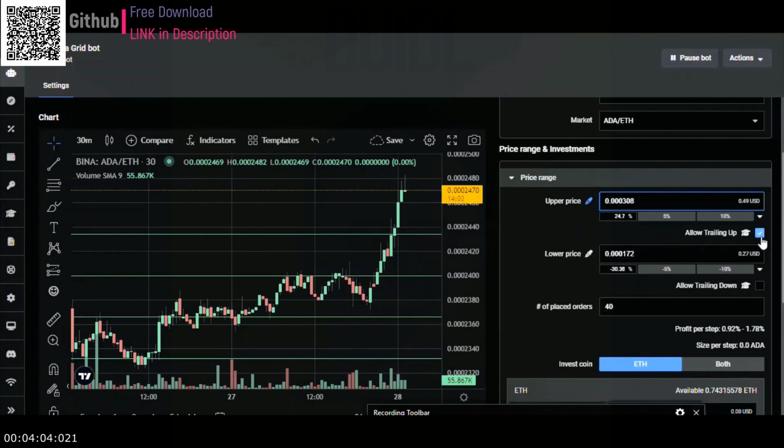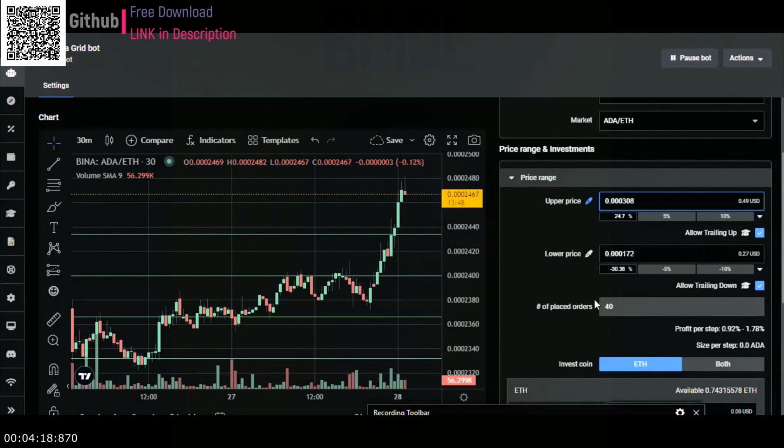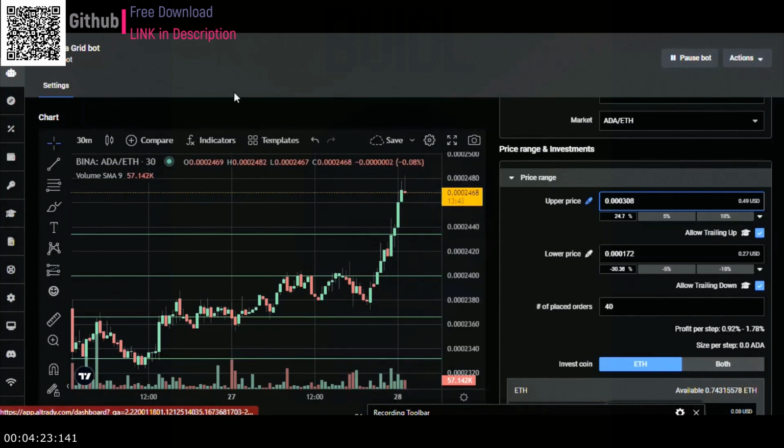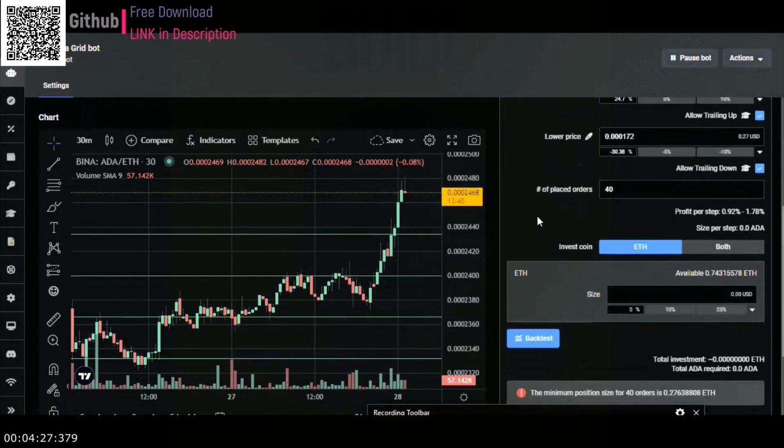So this is up to you if you want to keep this activated or not. I keep it activated, and the lower price you can also trail down. If you use both trailing up and trailing down, the bot will not stop. It will keep on buying and selling even if the upper or lower price is exceeded, right?